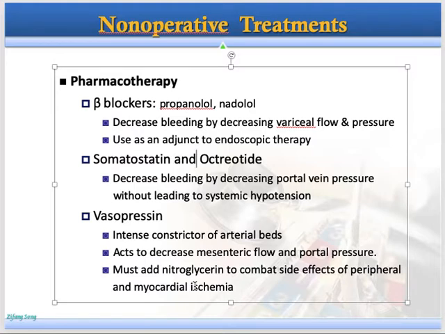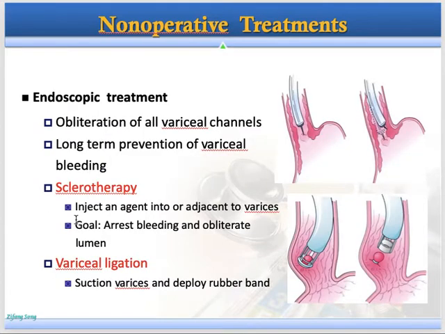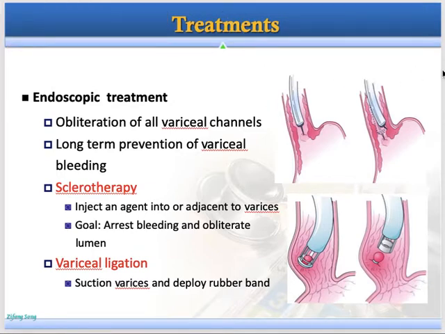All these treatments can be given to the patients. These are pharmacological or drug treatments. So, because we are studying surgery, now we can send the patient directly to endoscopy.